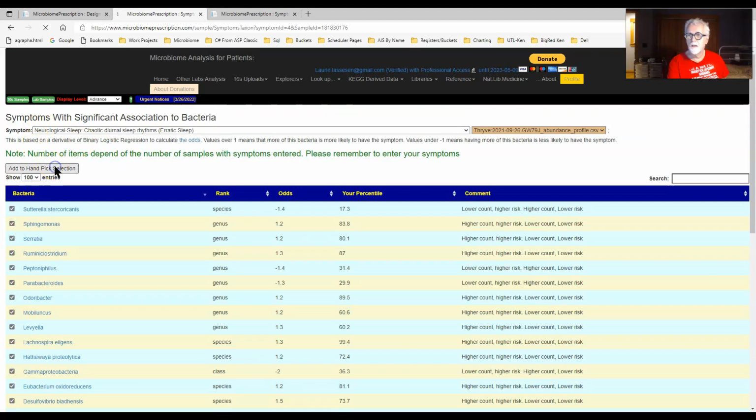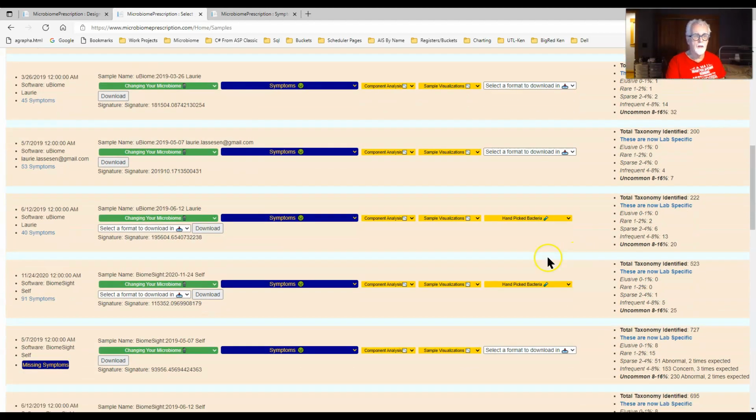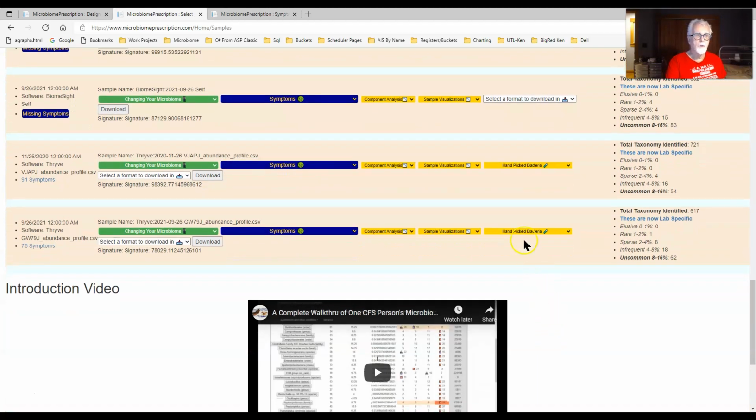Again, click here, go back. I should mention you want to be careful here, because if you set this to the wrong level as public, the handpicked bacteria will not show up below. It's not a first level, it's a second and third level feature. So now we go back here, and we can go back to handpicked bacteria, and we can go ahead and view.